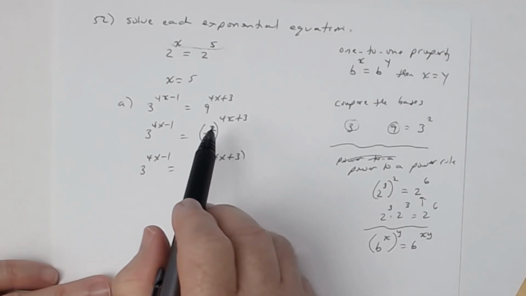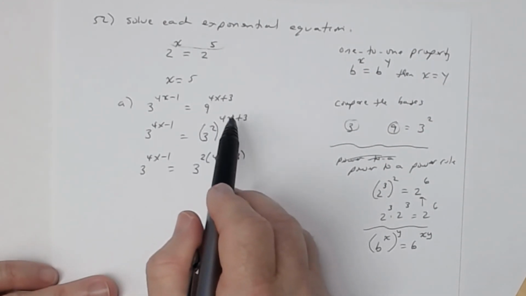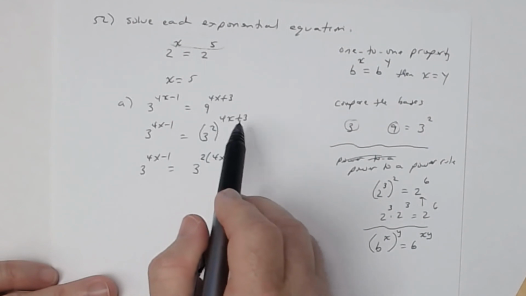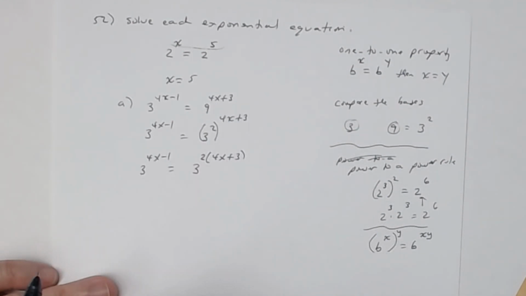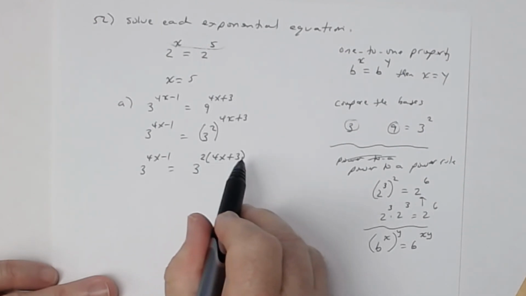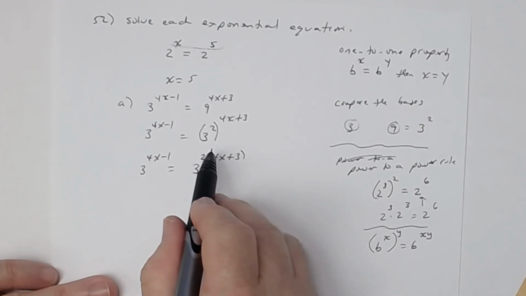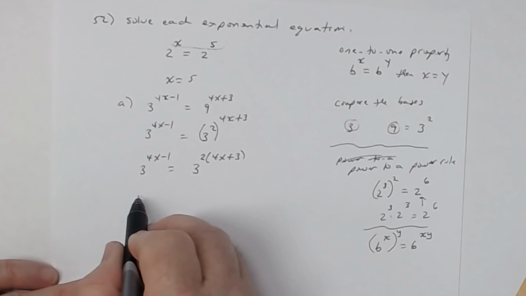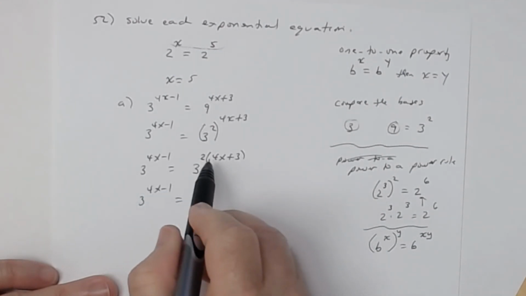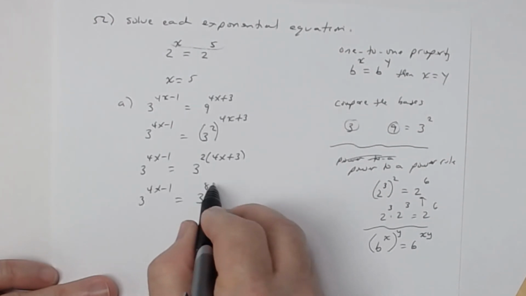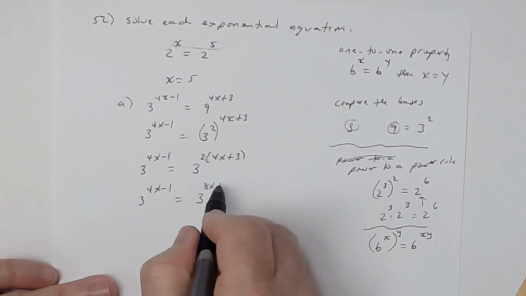Some students mess up and say 2 times 4x is 8x and then say 8x plus 3, and forget that this 3 also has to be multiplied by 2. So that's why it's important to think of it like this. Now using the distributive property, I get 3 to the 4x minus 1 equals 3 to the, and then 2 times 4x is 8x, and then 2 times 3 is 6.